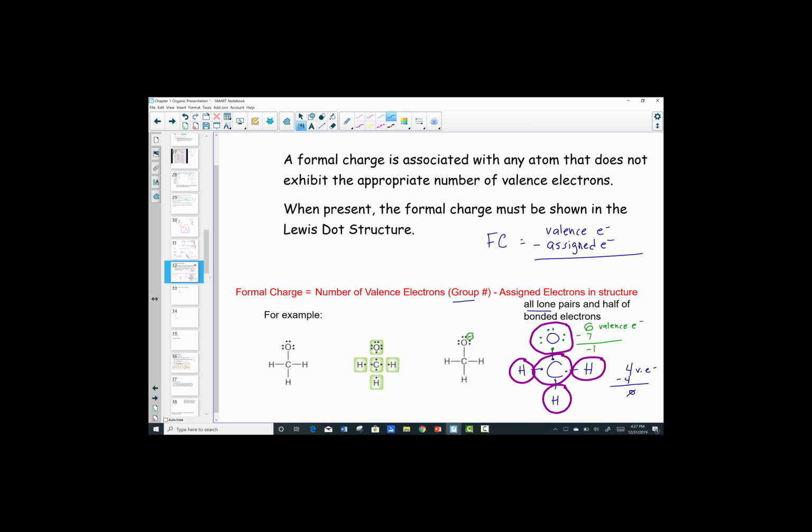Each of the hydrogens has 1 assigned electron, 1 electron inside of its circle. Hydrogen lives in group 1A, so it has 1 valence electron minus the 1 that's assigned, giving it a value of 0. So the one and only atom with a formal charge in that example structure is the oxygen, and it was determined to be a -1.